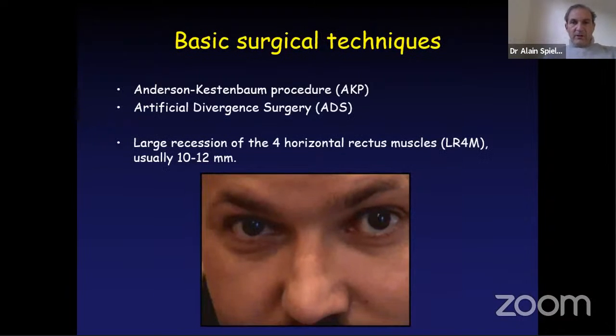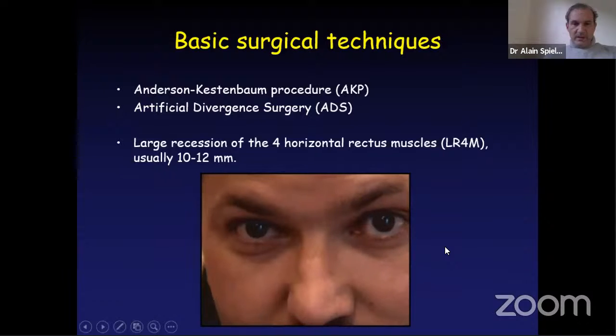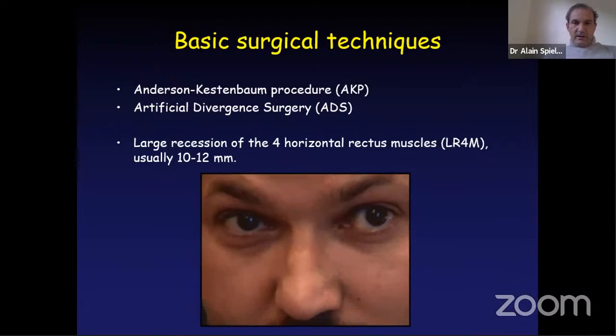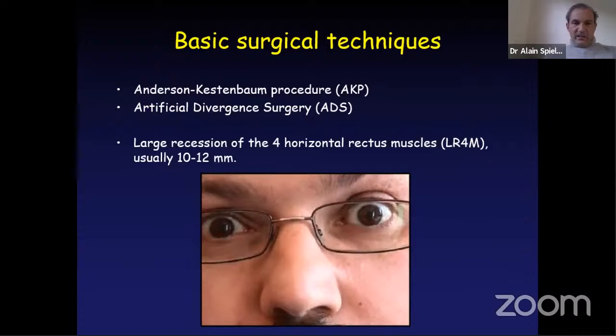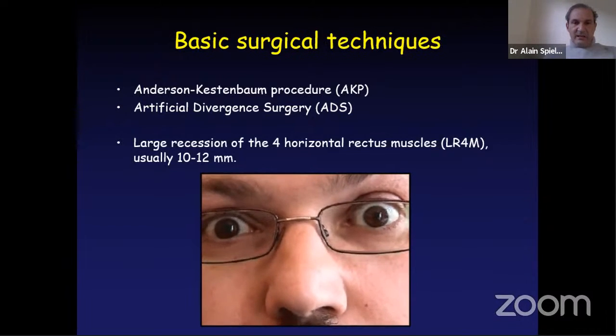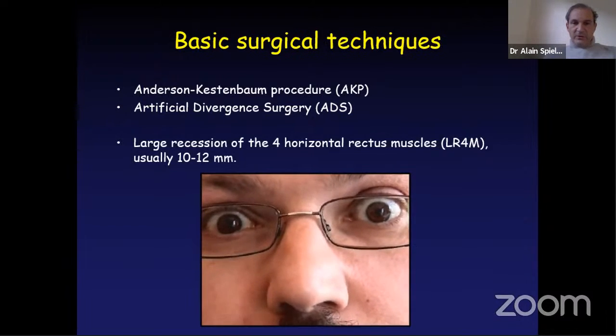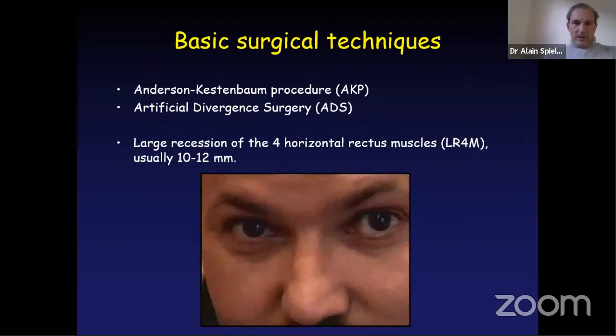The other basic surgical technique, which is less popular, is the large recession of the four horizontal rectus muscles. And the amount of surgery is usually much more, from 10 to 12 millimeters, if you want to be effective. Here is a case before surgery, and after surgery, nystagmus is less intense in terms of amplitude and maybe in terms of frequency.